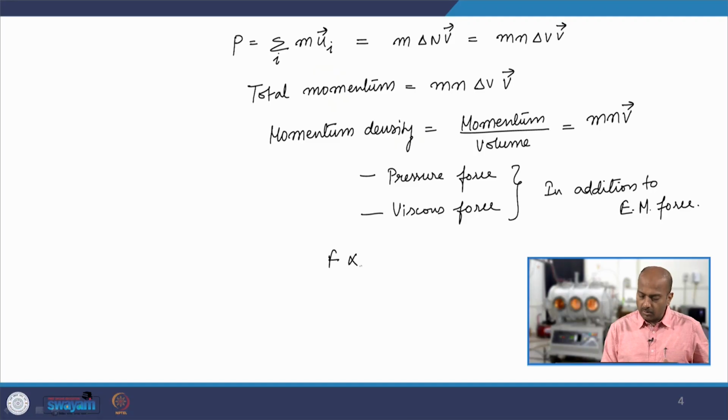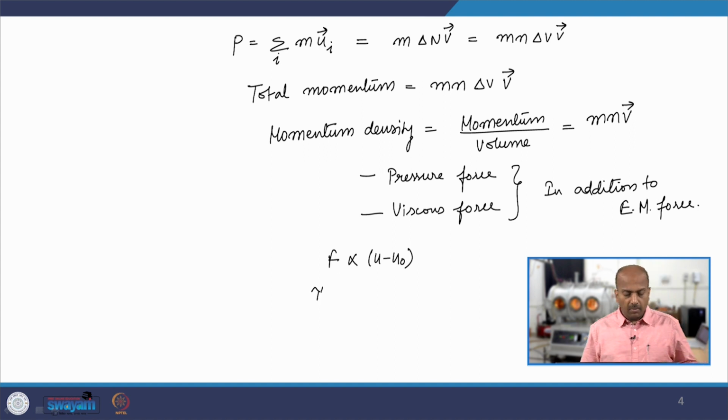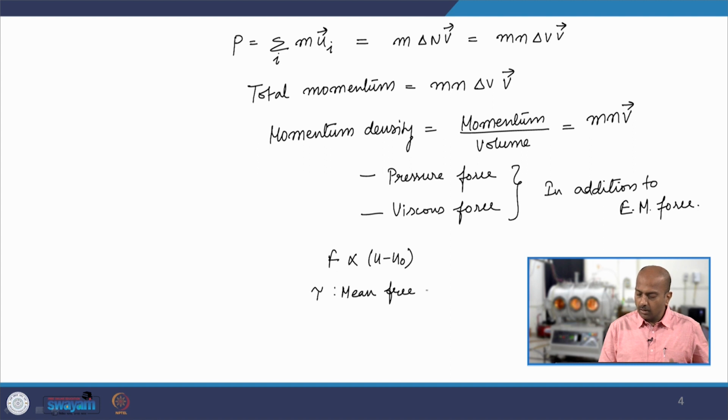So, we can write F is proportional to u minus u naught, and if you bring in tau to be the mean free time between the collisions, then we can write F is proportional to 1 by tau.